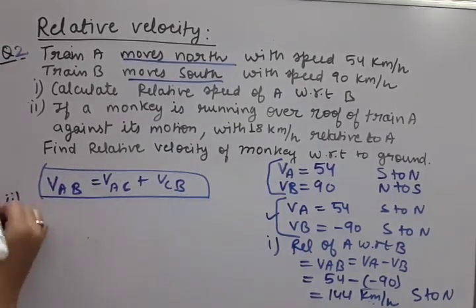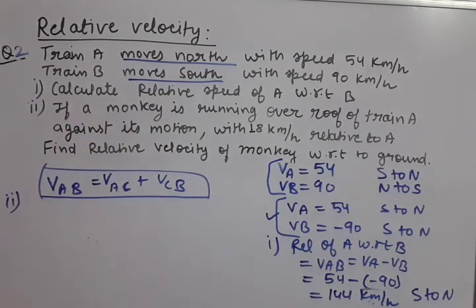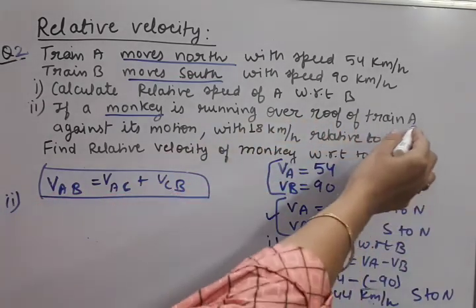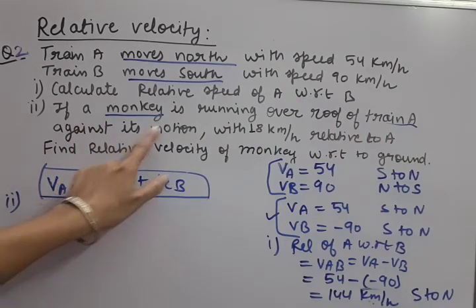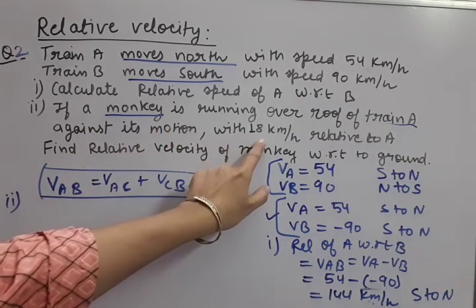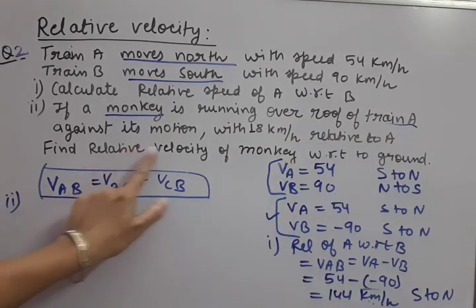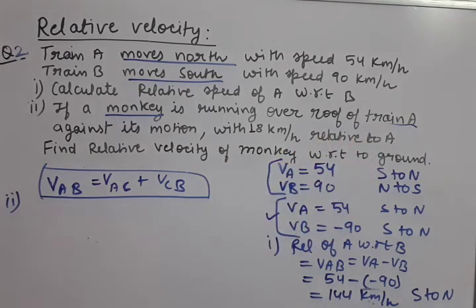In this part number two, one monkey is running over the roof of train A, against its motion, at speed 18 km per hour relative to A. Find the relative velocity of the monkey with respect to ground. So what are the three things in this question?